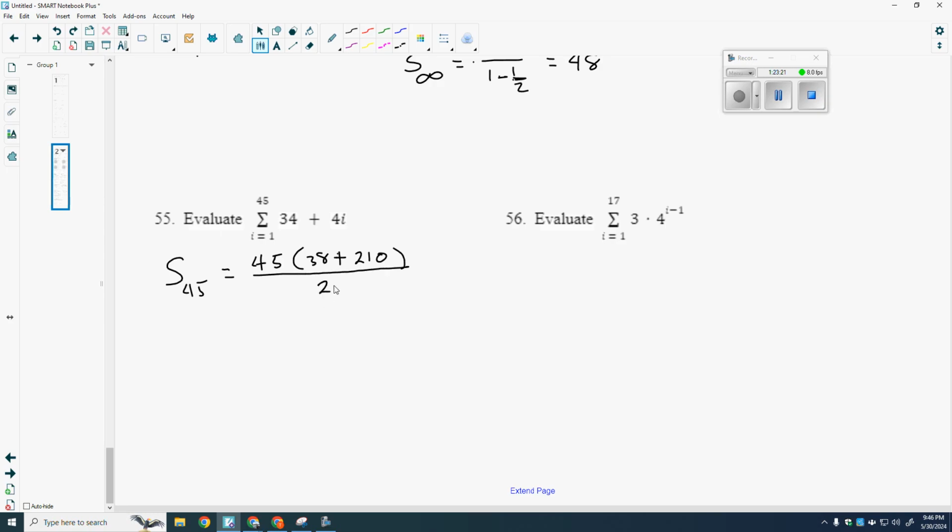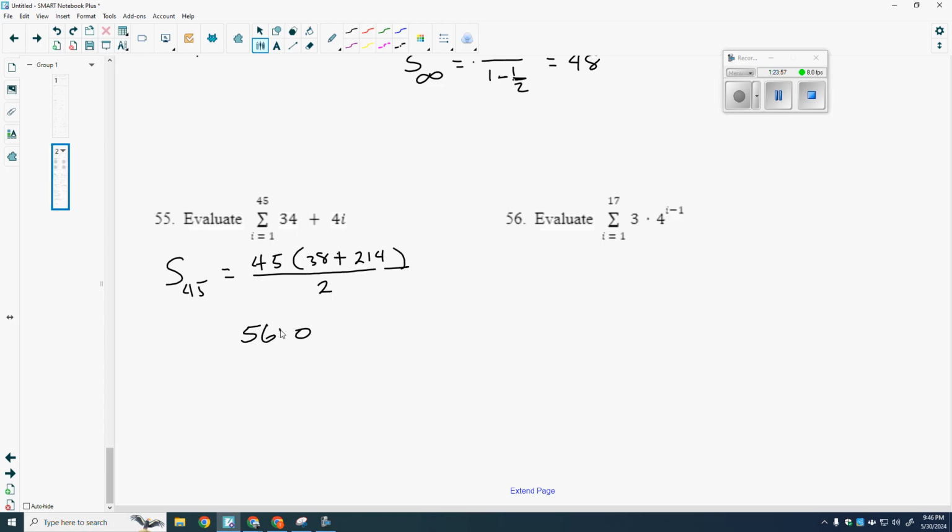All right, so plug all that in. Now I got to do it again because the answer key is wrong. So 45 parentheses 38 plus 214, equals, divided by 2 equals 5,670.